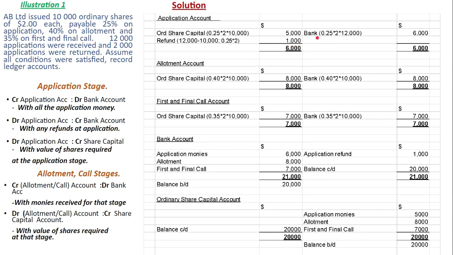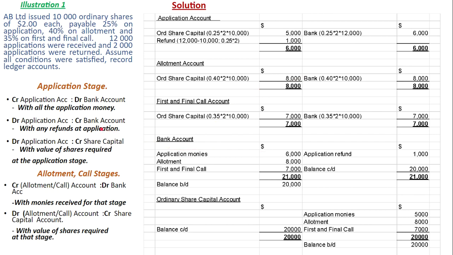Here's the credit entry with a narration bank. 25% multiplied by $2 multiplied by 12,000 applications received will give us $6,000. With debit bank account, this is a double entry. We simply go to bank account, application monies, the narration, $6,000 in the bank account.